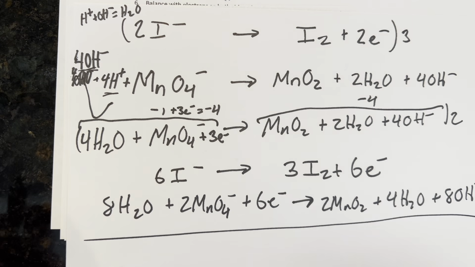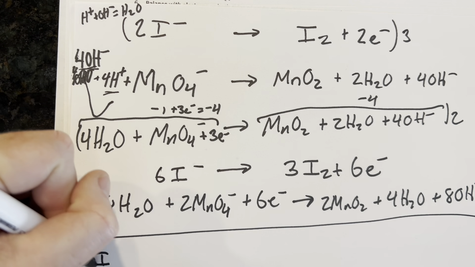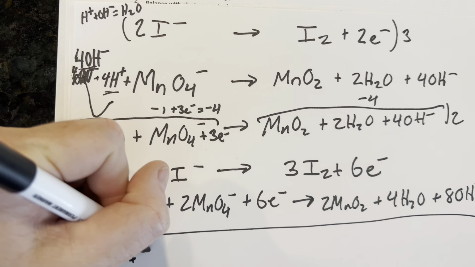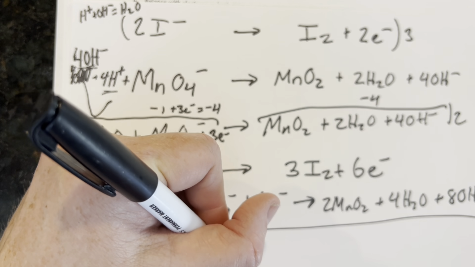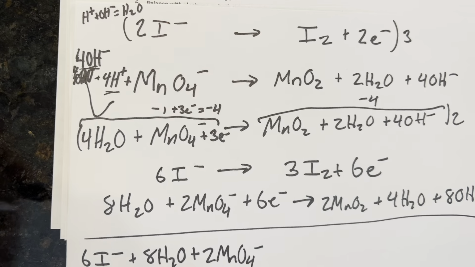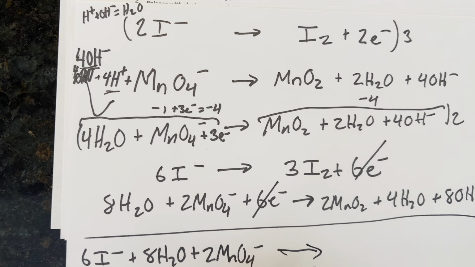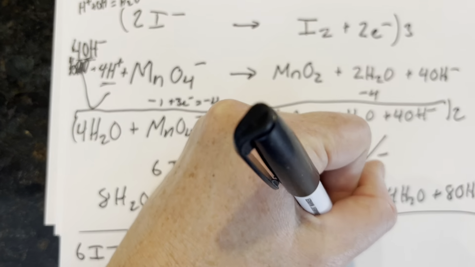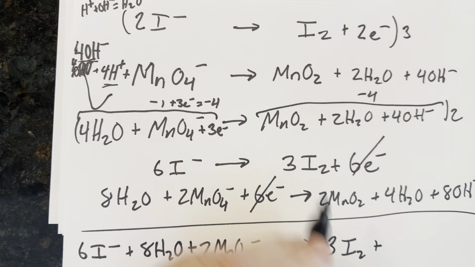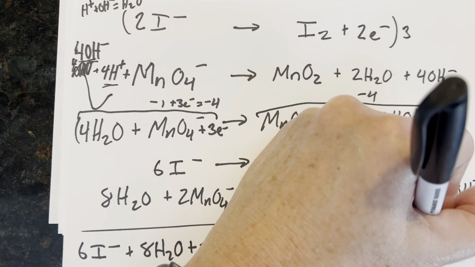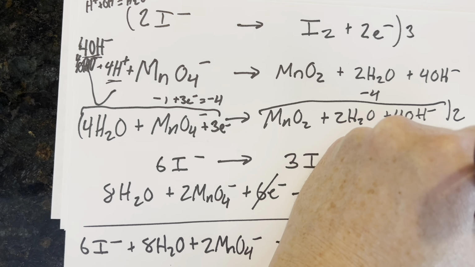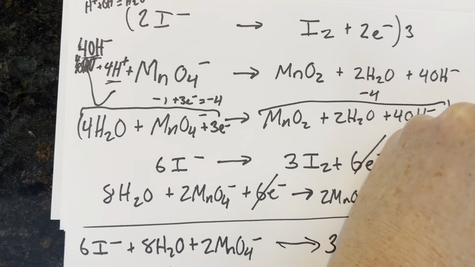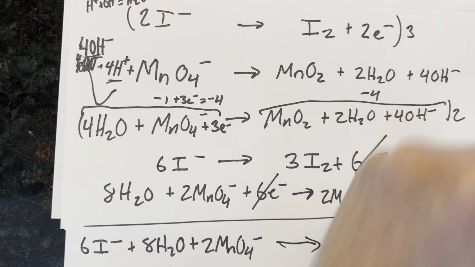Okay, now we're going to add them up. We have 6 I- plus 8 H2O plus 2 MnO4-. Our beautiful 6 electrons cancel, all yielding 3 I2 plus 2 MnO2 plus 4 water and 8 OH-.